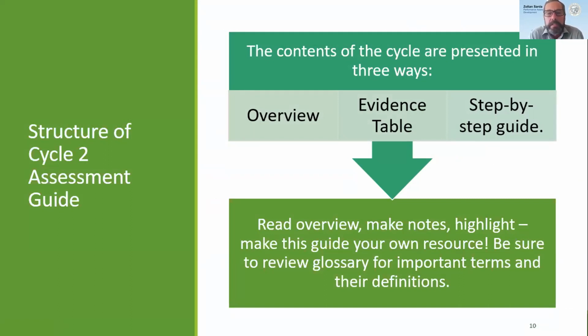So the first few pages, there's a brief overview that gives you the big picture at a very high level. Then there's an evidence table of the steps, the things that you need to do in there, and the pieces of the documents that you need to submit to be scored. This is brief, but it's for people who like bullet lists of here's my to-do list. It's a really good guide for you to follow.